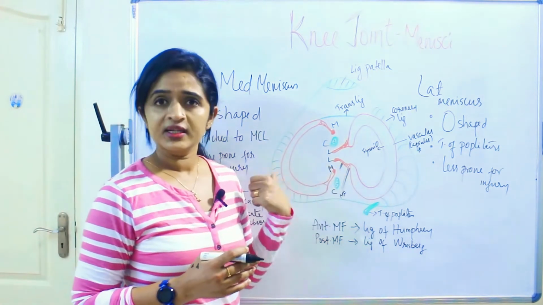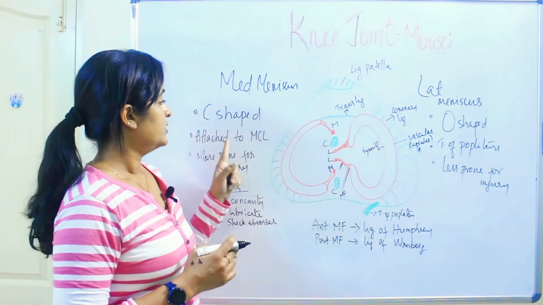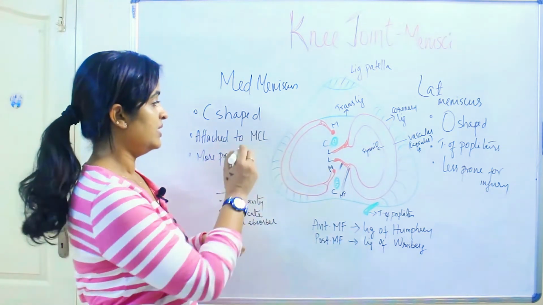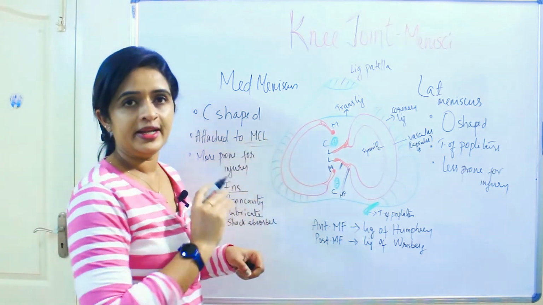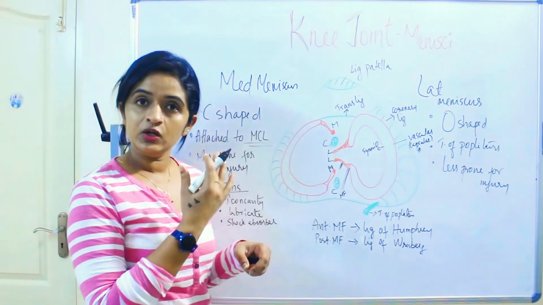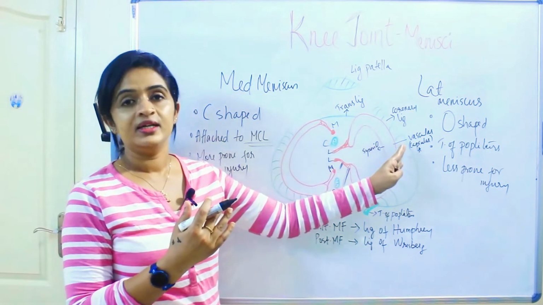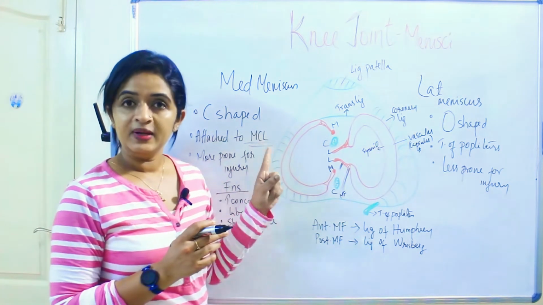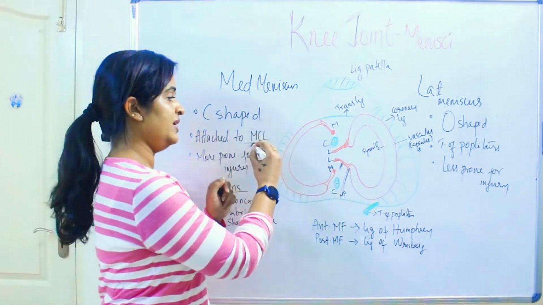Now what are the other important structures? The important structure attached to the medial meniscus is the medial collateral ligament. We have the medial collateral ligament medially and the lateral collateral ligament laterally. So medial meniscus is attached to the medial collateral ligament.